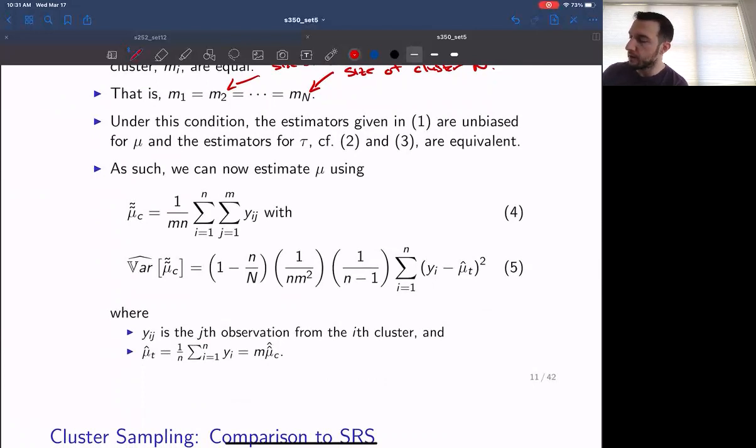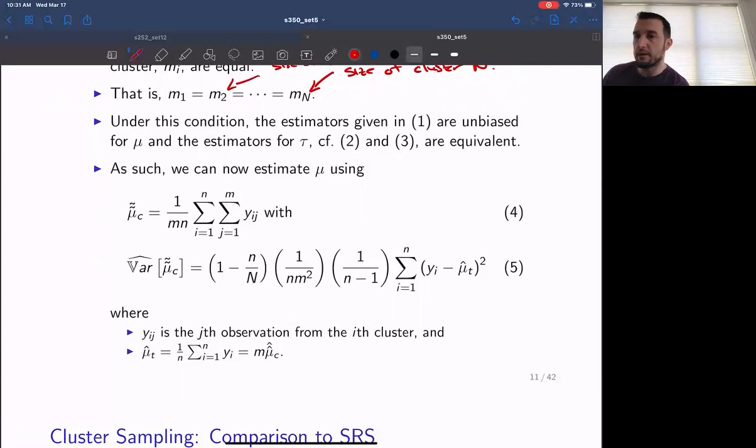So you can see here what I've designated as mu double tilde C. This is the double sum across the number of clusters and the number of observations in each cluster of Yij divided by m times n.